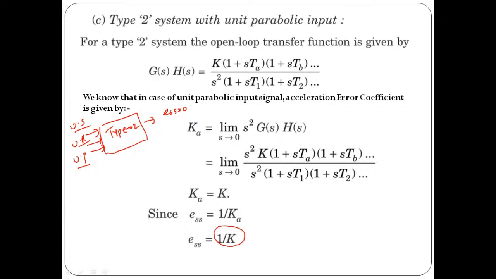All the cases which we have discussed so far, like what is the value of steady state error if you change the nature of input signal, like kp, kv, ka, and then what is the value of kp, kv, ka followed by ess for type 0, type 1, type 2 for different types of input excitation. That is very important, and based on this concept you have so many numerical, direct formula based or theoretical concepts that may be asked in GATE exam.